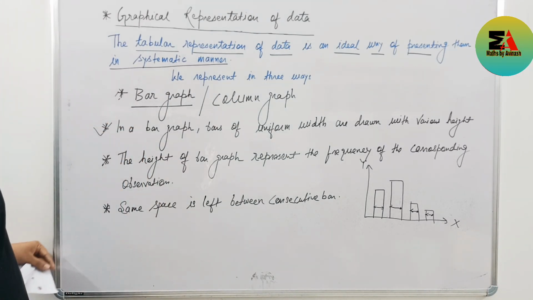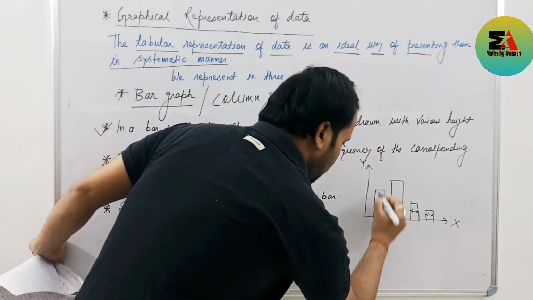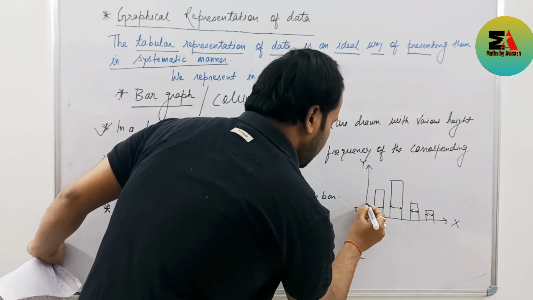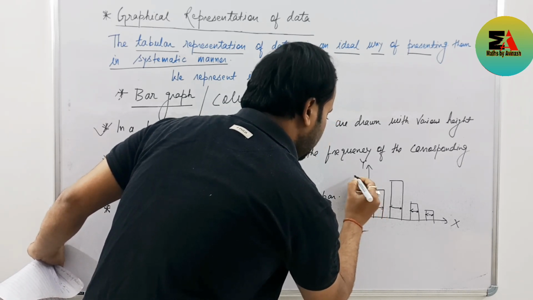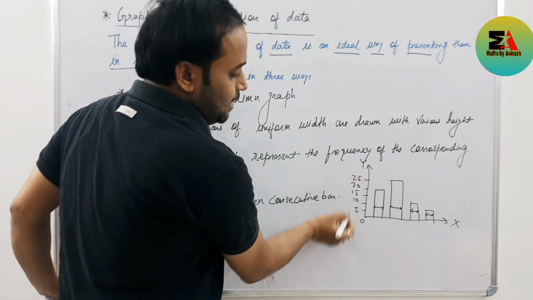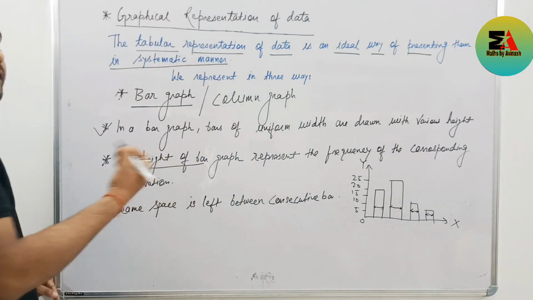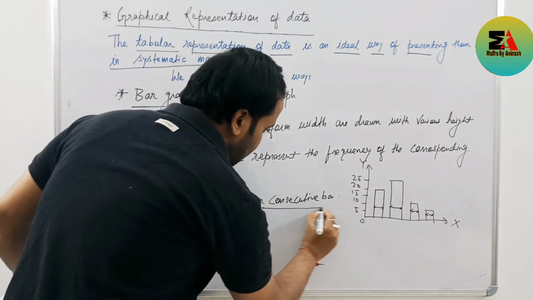Now the second point: we plot the height of the bar as a frequency. Suppose the frequencies given are 0, 5, 10, 15, 20, 25. The height of the bar is represented by these frequencies. The last point says the same space is left between consecutive bars.